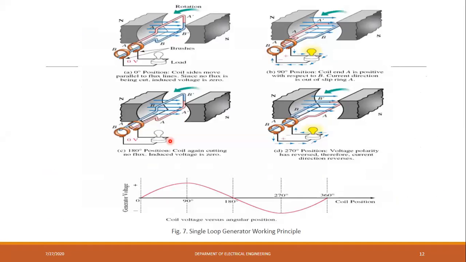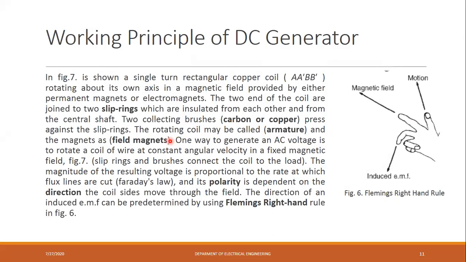The magnitude of that voltage or EMF generated is directly proportional to the rate at which the flux linkages or flux lines are cut by the conductor.